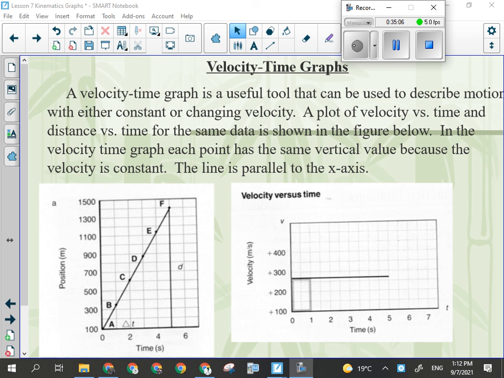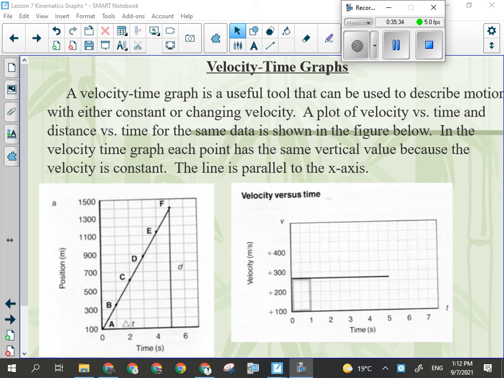But our instinct when we look at the graph on the right is that the object stopped, because the line is horizontal. But remember, the graph on the right is telling us how fast and in what direction the object is going. It is showing us something whose velocity is constant and positive. Its velocity isn't changing, but it is moving in a forward direction.